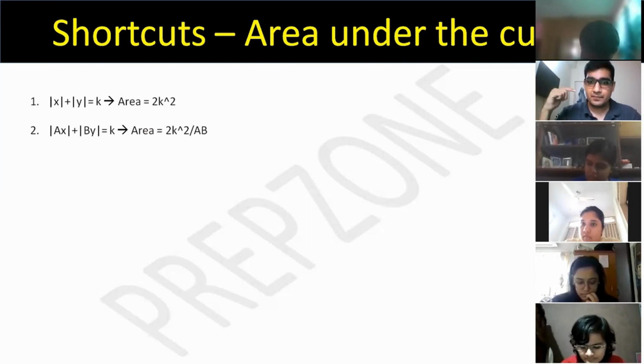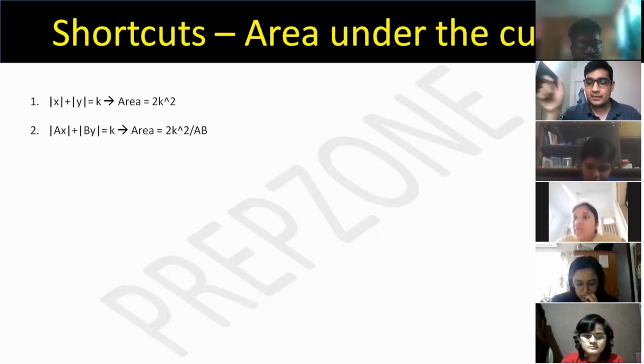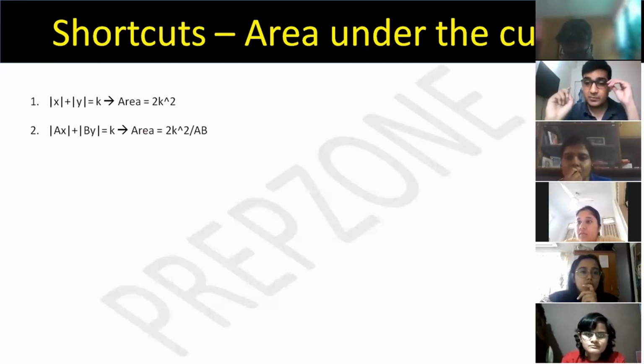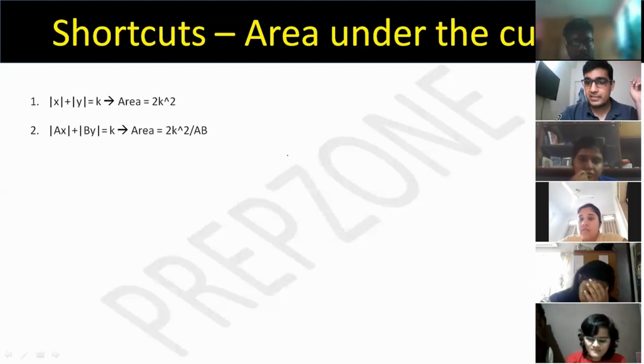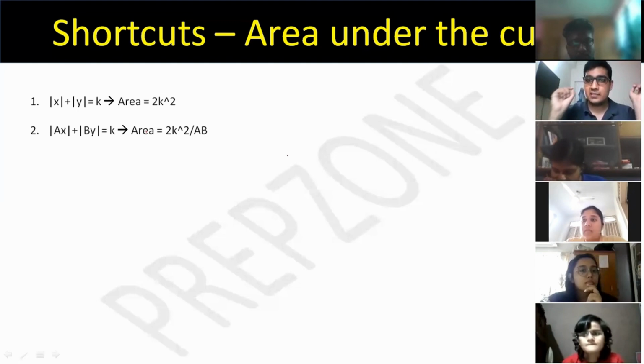Now instead of the extreme points equal to k, it will be k by a, minus k by a, k by b, and minus k by b, and hence the area will be 2k square by ab. I'll leave the proofs to you to validate these things, but you have to remember these things, right? 2k square upon ab. So whatever is the coefficient of x and y will come in the denominator.